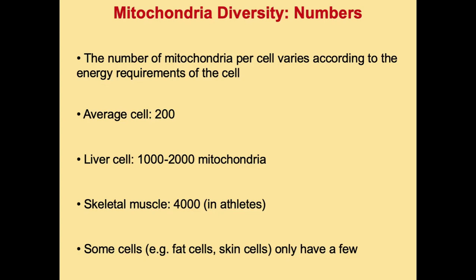Liver cells, which are involved in glycogen storage and also detoxification, have around 1,000 to 2,000 mitochondria, so they're very energy needing cells, so they have more mitochondria. And for example, in athletes, skeletal muscle will have around 4,000. Conversely, in some cell types, such as fat cells or skin cells, which don't require a lot of energy, the number of mitochondria is only few.